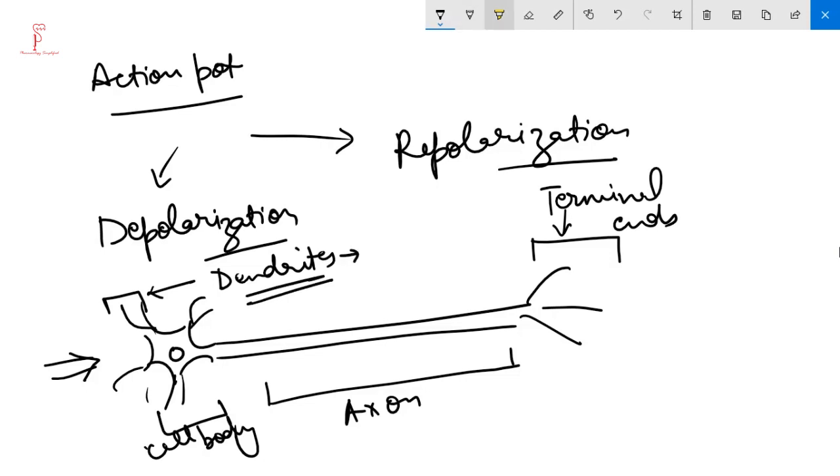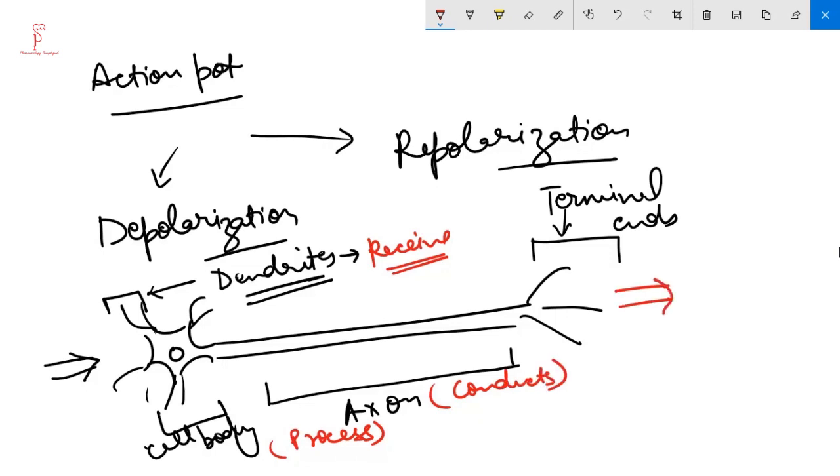The cell body's function is to process the signals. The axon conducts, and these terminal ends convey. So this is the actual direction of the movement.